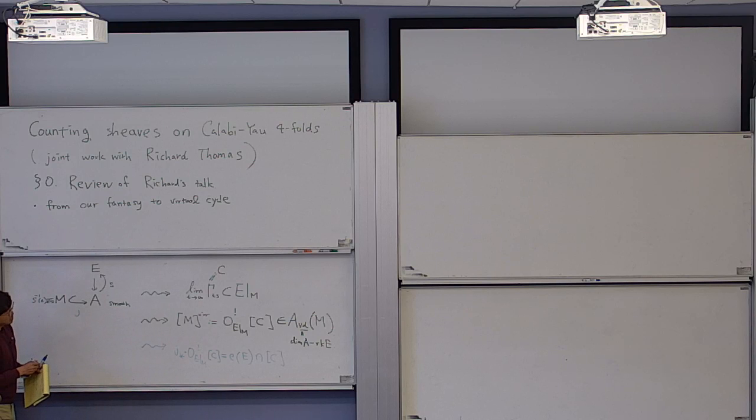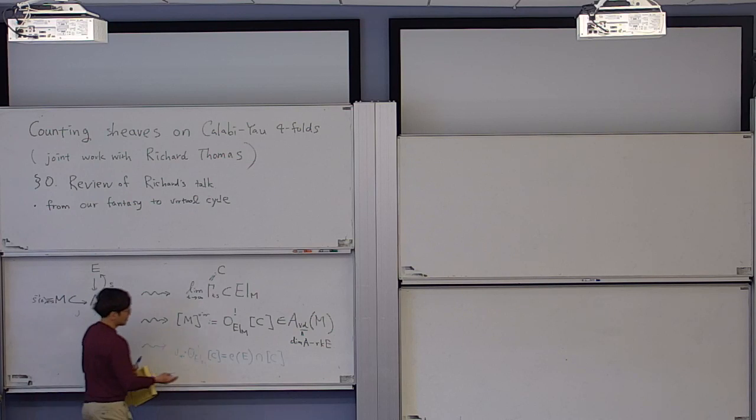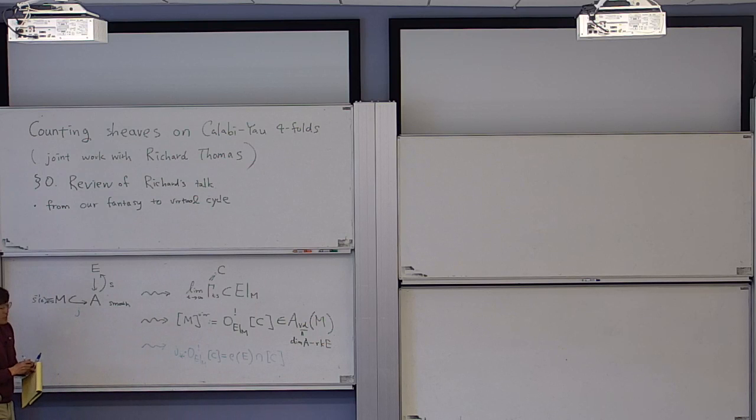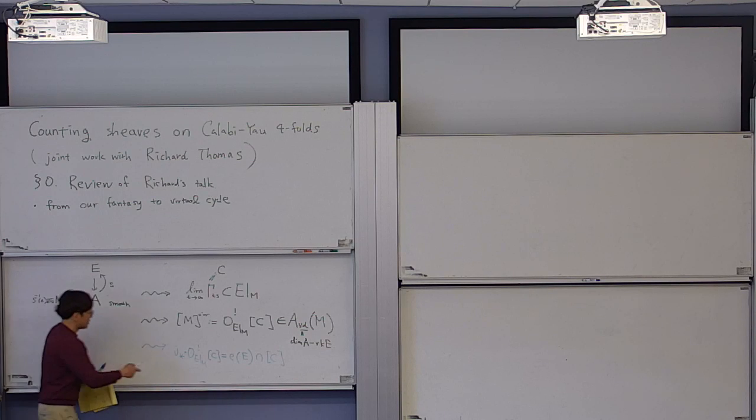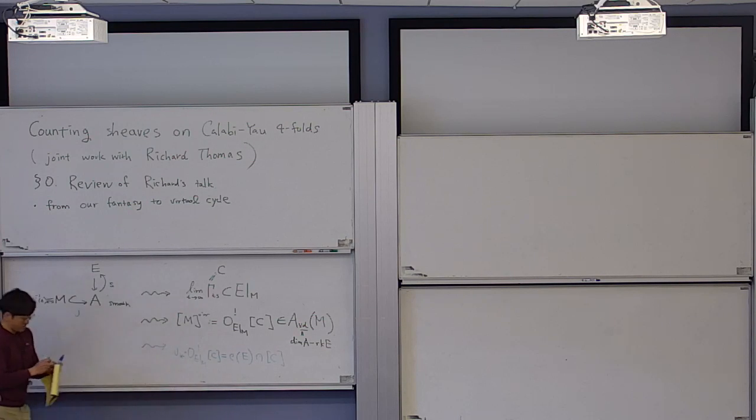For now, I just want to say, assume the Euler class is a more familiar object, and say this is just a characteristic class. Yeah. Okay.